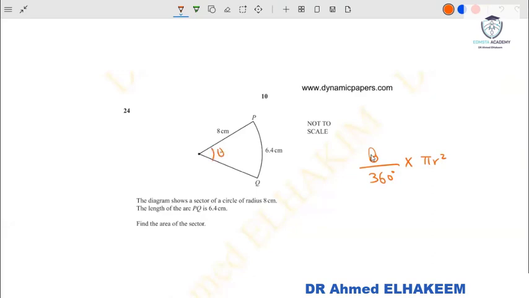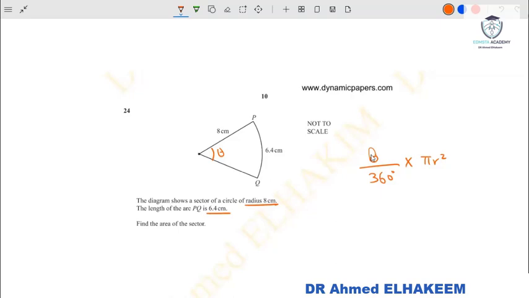This is theta. And the diagram shows here the radius is 8, and the length of the arc is 6.4.